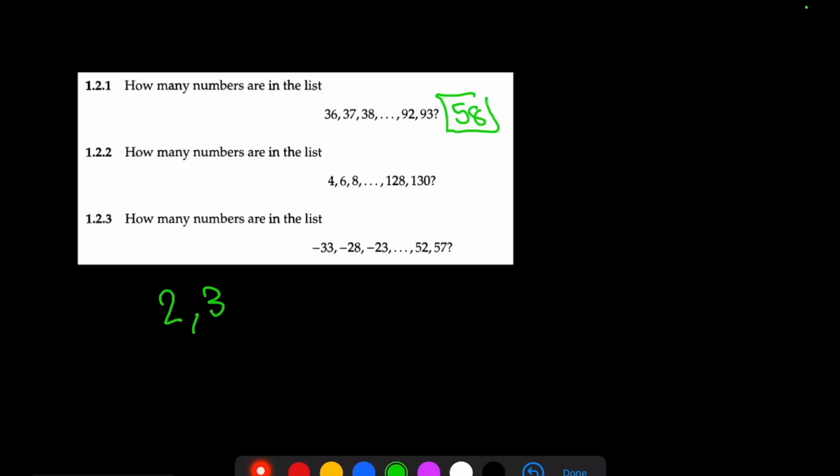So we go 2, 3, 4, all the way to 65. 65 minus 2 plus 1 is 64. So the next answer is 64.